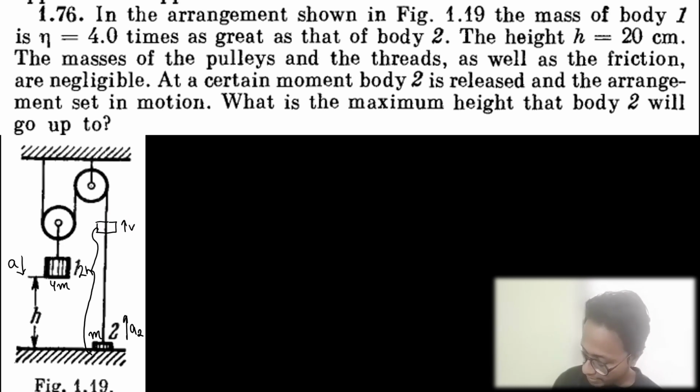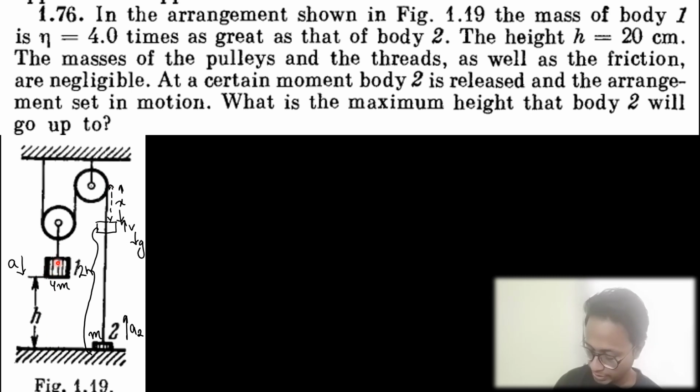Even if it has some velocity, there will be gravity acting downward on this block, which will cause an acceleration of g downward. So it will reach some more height x. Now the question out here is asking, find the total height reached by the block. You have to find the total height reached by this block as soon as these blocks come down.